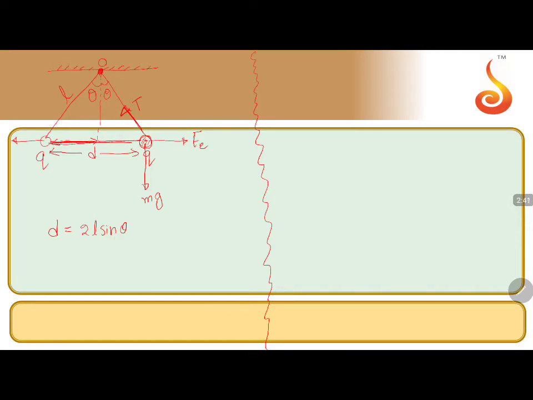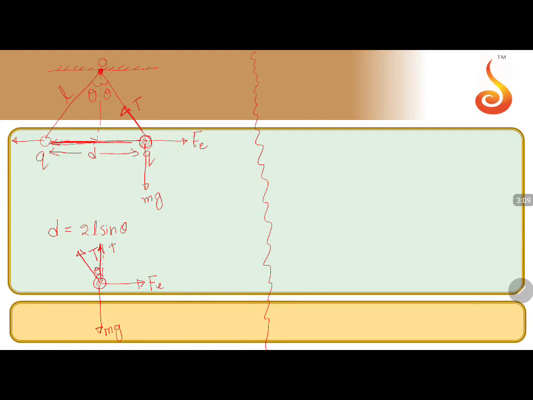If we consider one sphere, tension T will be acting like this, mg will be acting vertically downward, and the electrostatic force of repulsion will be like this. You can resolve the tension into two components, because tension is not along the horizontal or vertical direction.